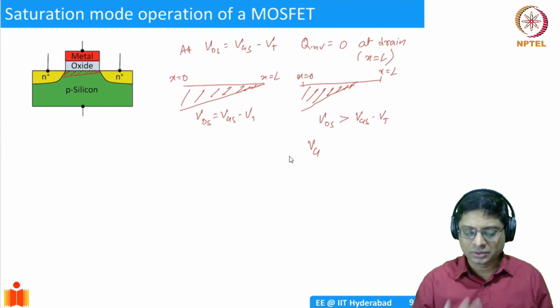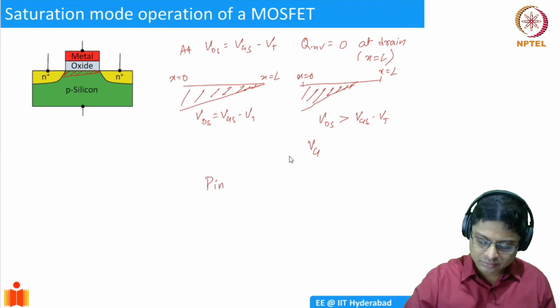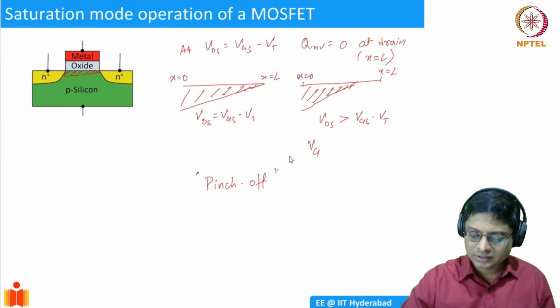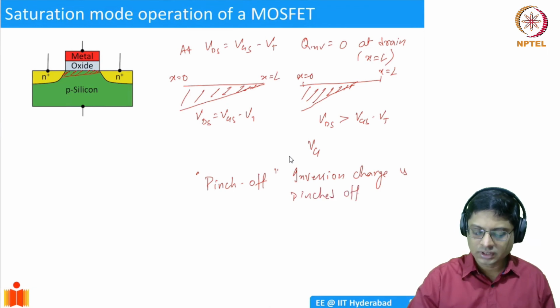And because of that, there's no inversion charge. So this phenomenon is known as pinch off. Basically, the inversion charge is pinched off. That's why we call it pinch off.